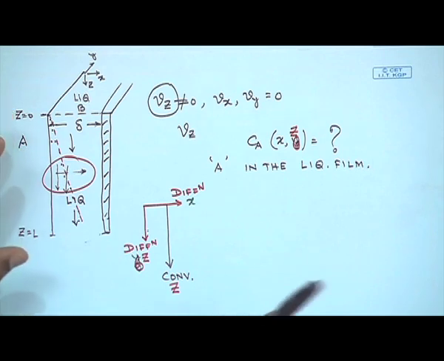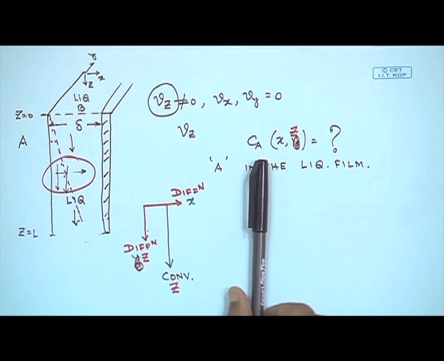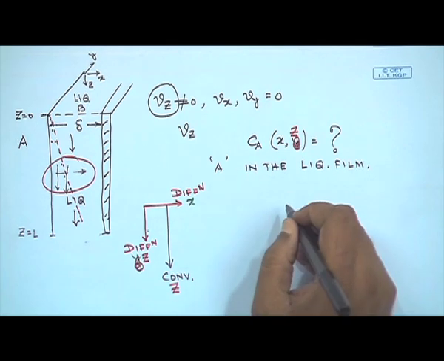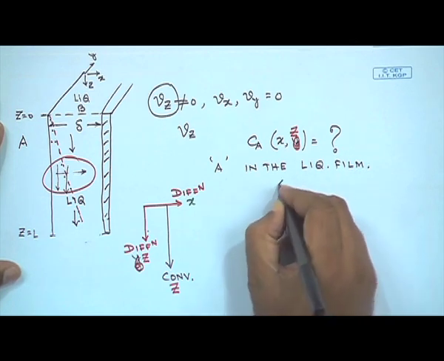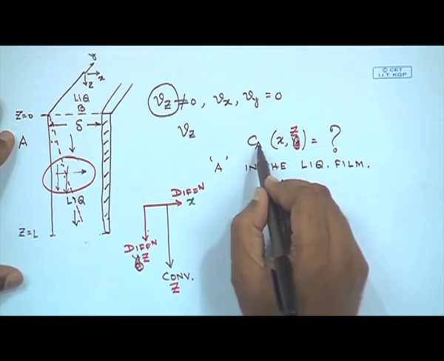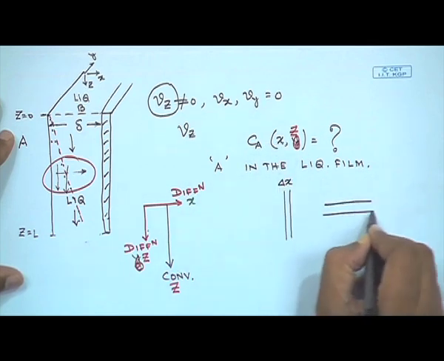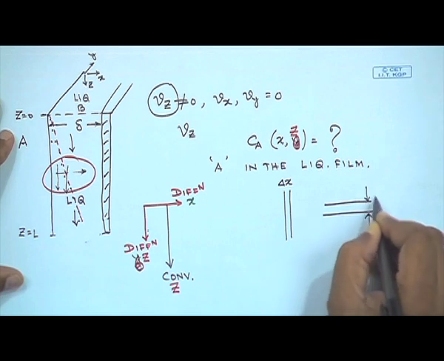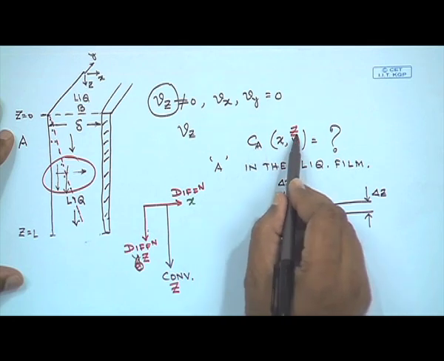The question then comes, how am I going to take a shell? Because we generally take a shell, is it going to be of size delta x, since Ca is a function of x, or is it going to be of shell delta z, since Ca is a function of z?